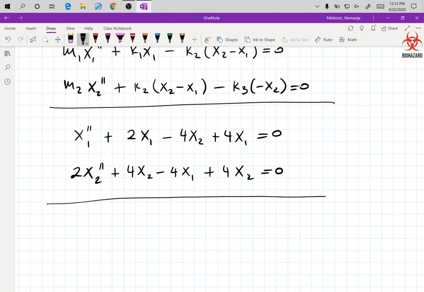Add like terms and divide by 2, so it's going to be a lot of calculations here. x1 double prime plus 6x1 minus 4x2. This is divided by 2, so it's just x2 double prime.